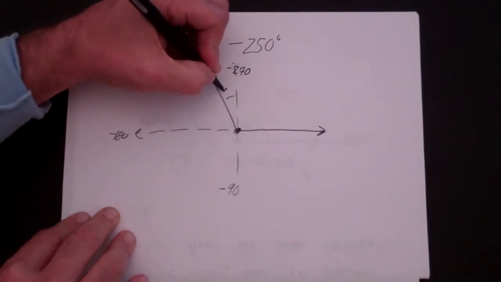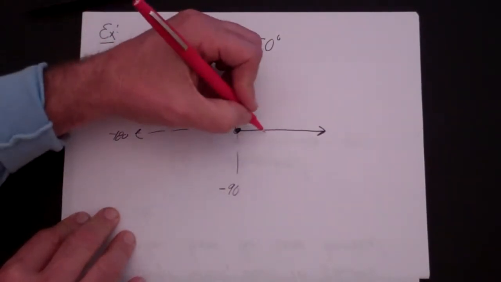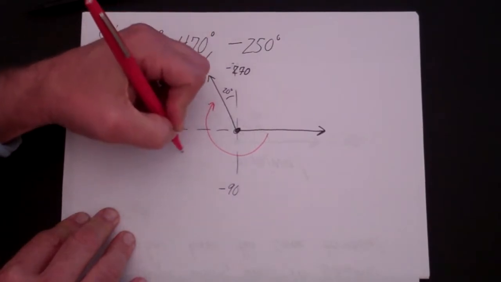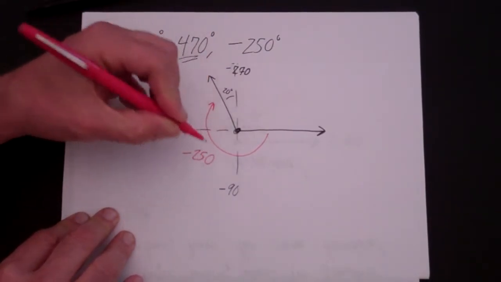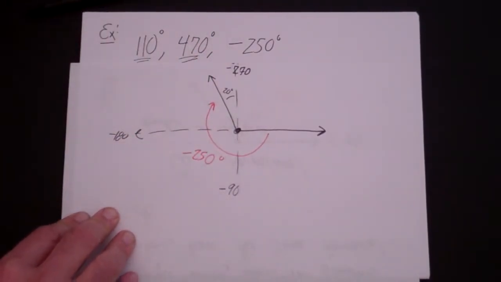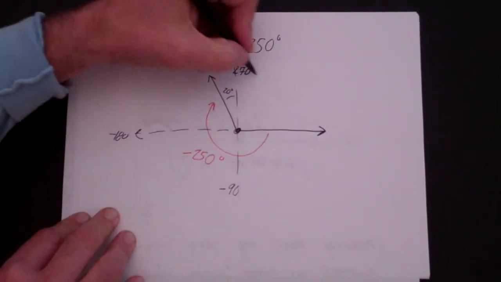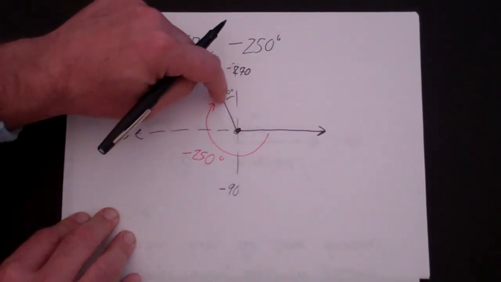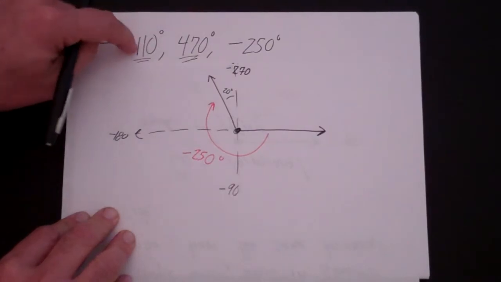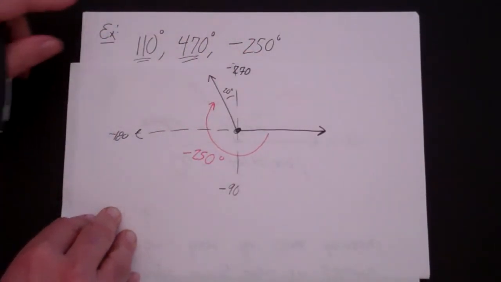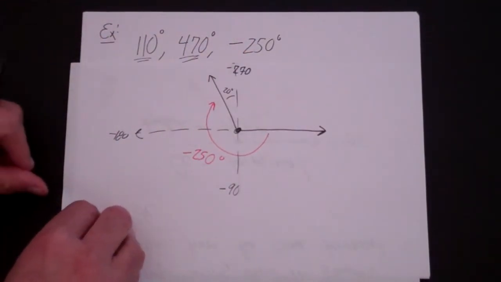So that's going to be 20 degrees there, and this is going to be minus 250. But what is 110? 110 is 90 plus 20. So if you notice, 110, 470, and minus 250 are all coterminal angles.